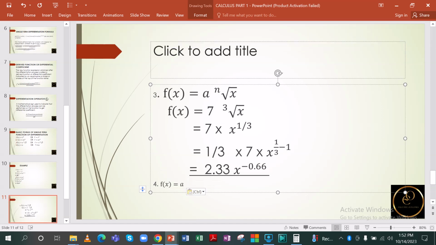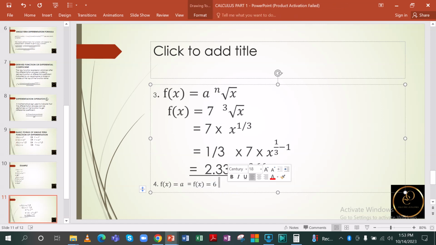Where you have a constant, in this case, what we're going to have is simply, for instance, the function, you have a constant, say 6.